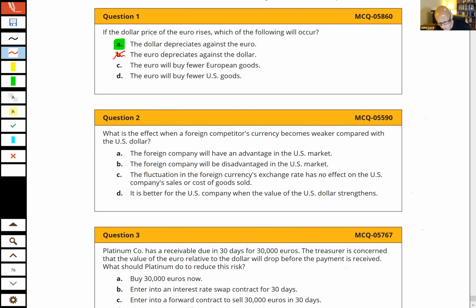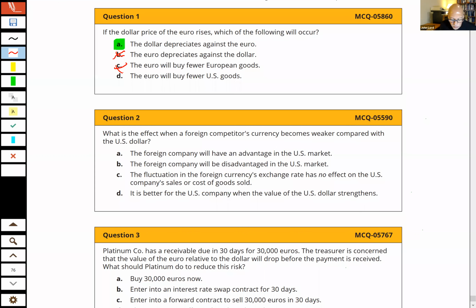That means the dollar is going down against the euro, right? It's costing me more dollars to get the euros. Maybe I should have started with C. The exchange rate is not between the euro and European goods. That's almost a nonsense answer.